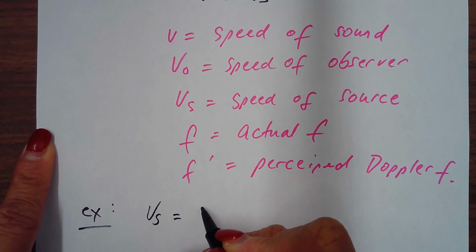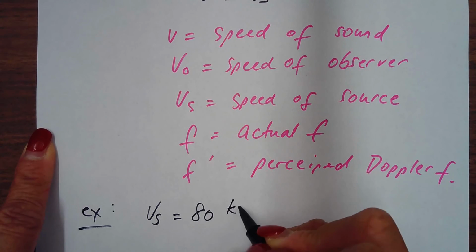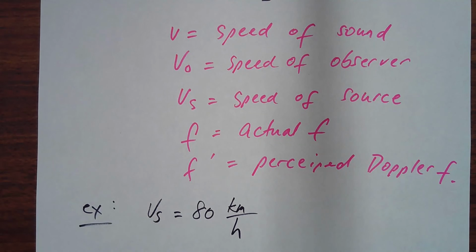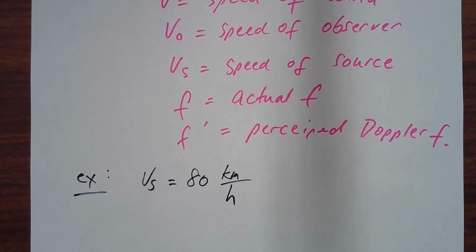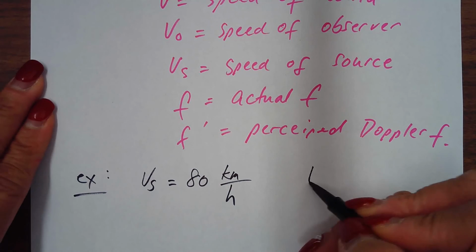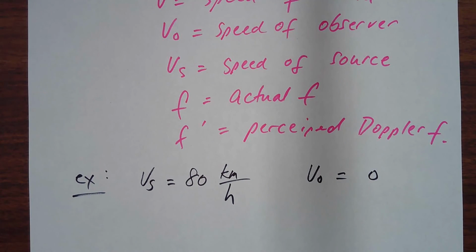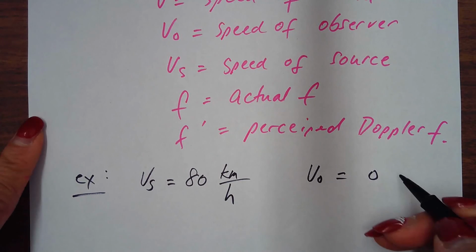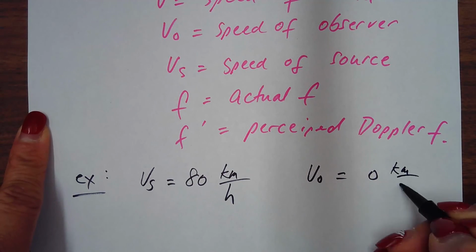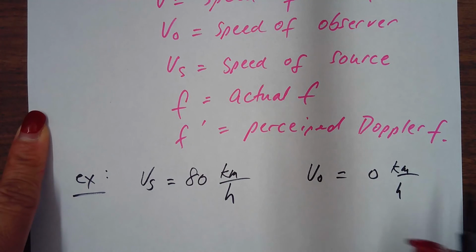So the Vs, let's say the speed of the source, the ambulance, is let's say 80 kilometers per hour. That's on average. That's how fast they will have to drive in the city. So you got to get out of the way of those ambulances because they're trying to save lives. Okay, so let's say the Vs is 80 kilometers per hour. Let's say you're just standing still. Let's say you actually stopped to make way for the ambulance and you are just sitting there.